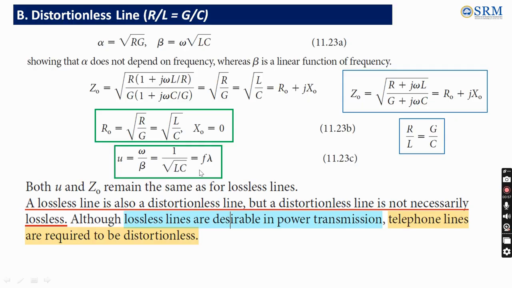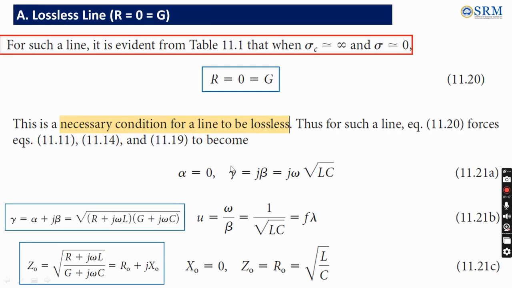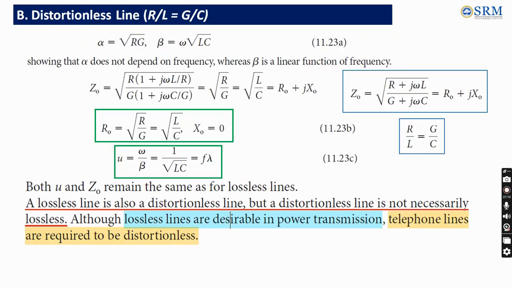The velocity is omega by beta, and since beta is the same as for the lossless line, we get the velocity as 1 by root LC, which is equal to frequency times wavelength. We can conclude that both the velocity as well as the characteristic impedance are the same as compared to the lossless line. Here we get additionally root of R by G, but there R and G are 0 in the lossless line, so we get only root of L by C for the impedance.